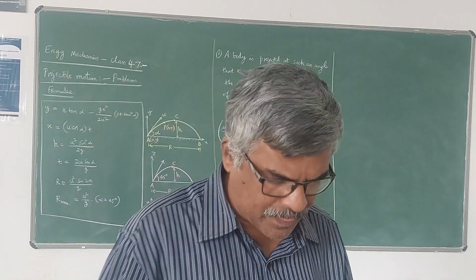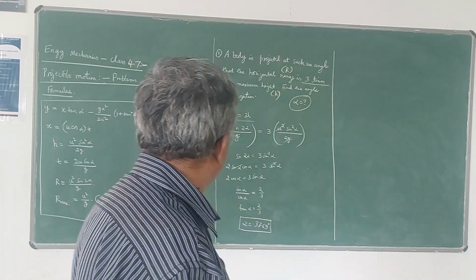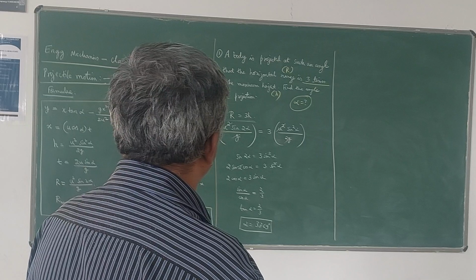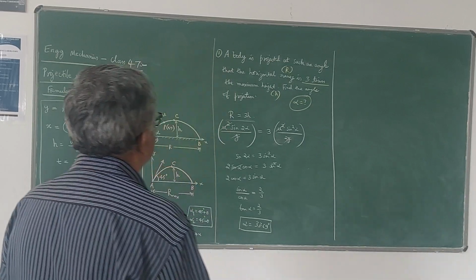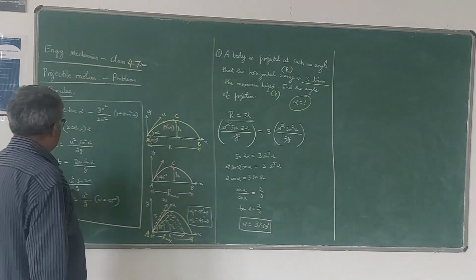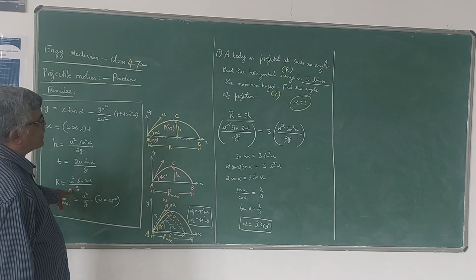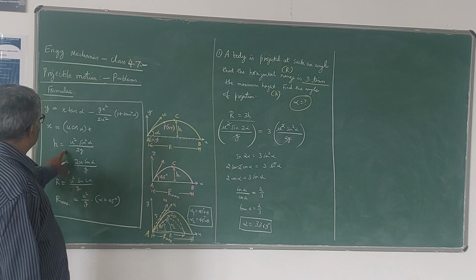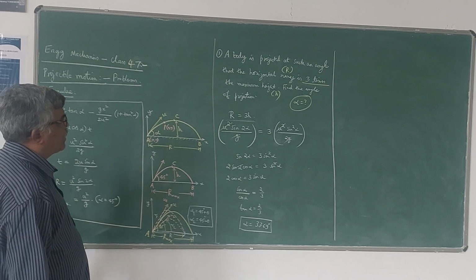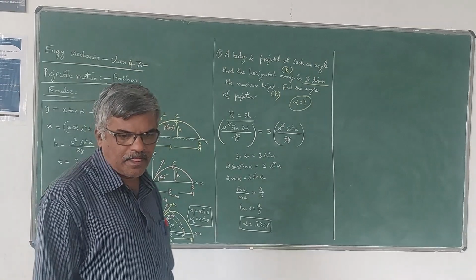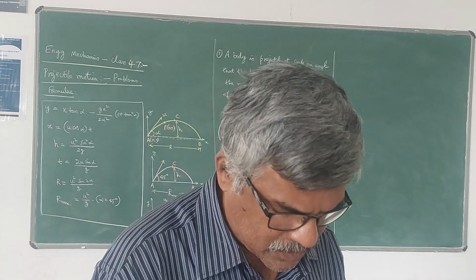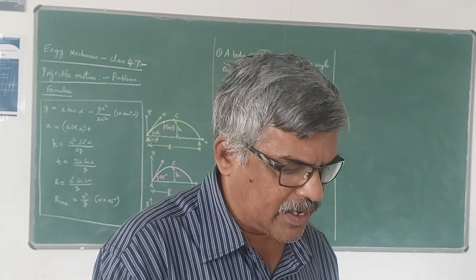I think the factor 2 will be there, so 2 into ... is equal to 3 sin square alpha. Is it correct? Please take it once again: u square sin 2 alpha by g is equal to 3 times u square sin square alpha by 2g. Please take the expressions.